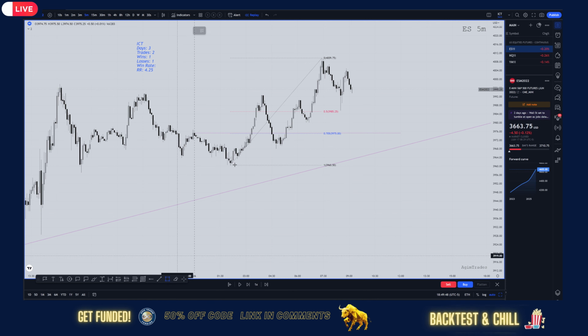Plus it offers a really good risk to reward. I'm not the best at taking these pre-market setups when there's no liquidity grab, but we do have a bunch that was created here in this trend line. My only concern is this is the overall trend line, which I think they might want to break before they bring it to the upside. So let's see how price reacts in this fair value gap.